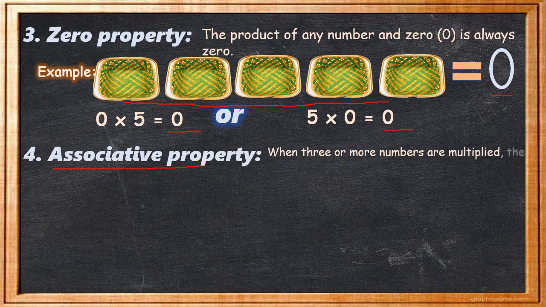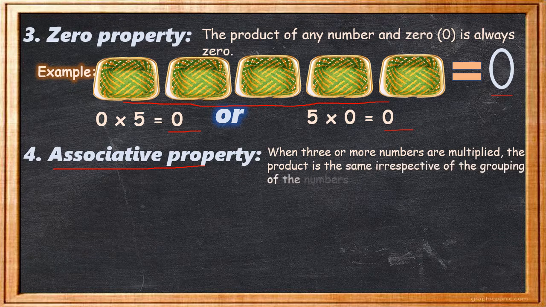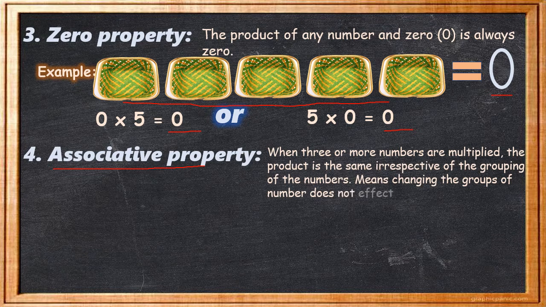Now see, when 3 or more numbers are multiplied, the product is the same irrespective of the grouping of the numbers. Means changing the groups of the numbers does not affect the product.